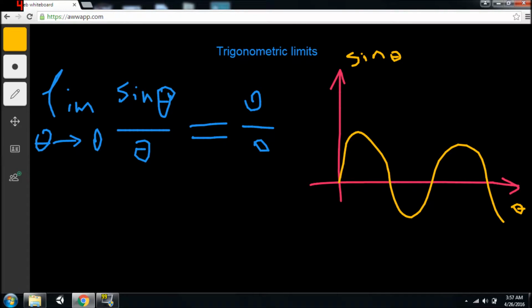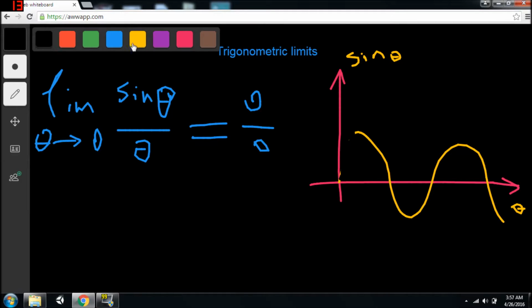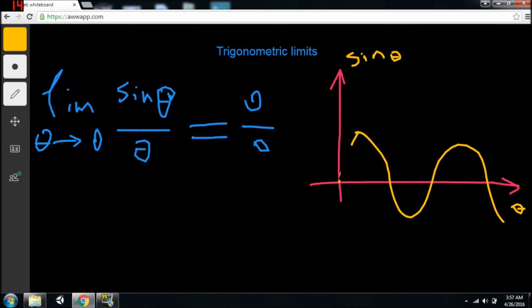I'm just going to draw it more accurately to make it clearer. So this is my graph.